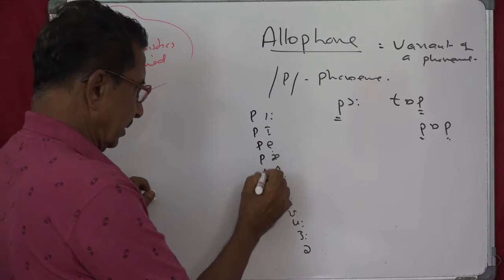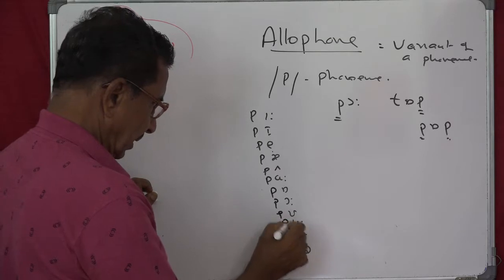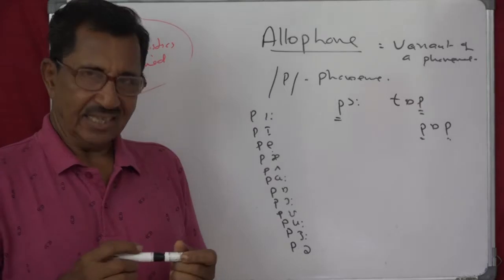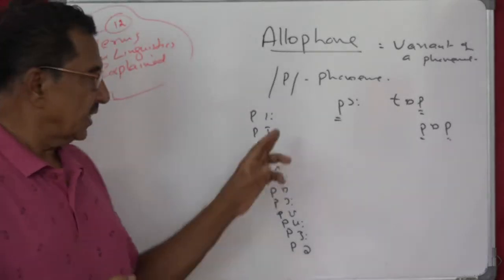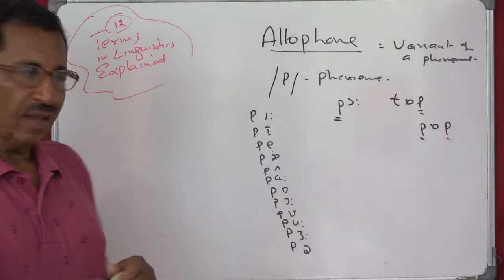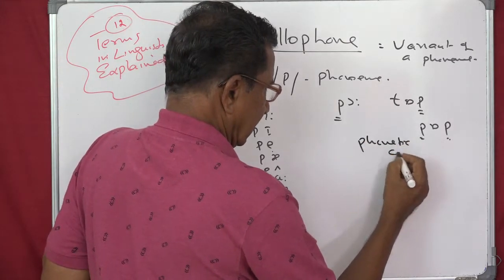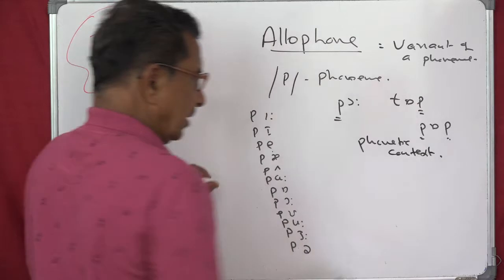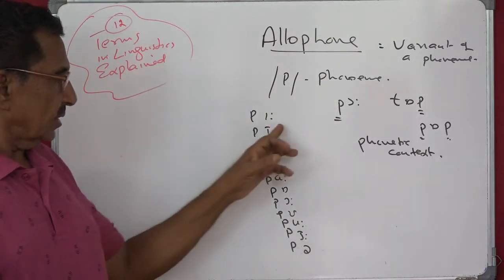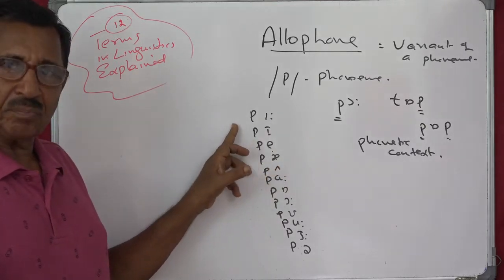What you will find is that each P is slightly changed. Why? Who changes it? The next sound. This situation is a phonetic context. A phonetic context means the context in which the sound occurs. Here the context is EE, so EE has some influence on this P.